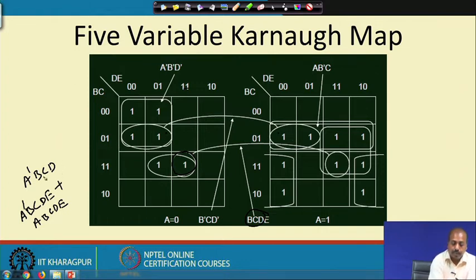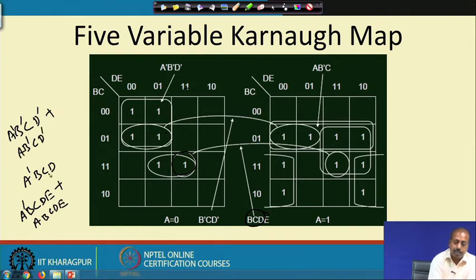You get B bar C, and here D is not changing its sign, so B bar C D bar, with A bar in front because it is from the first map. From the second map for this term you get B bar C D bar, and A in front of that.